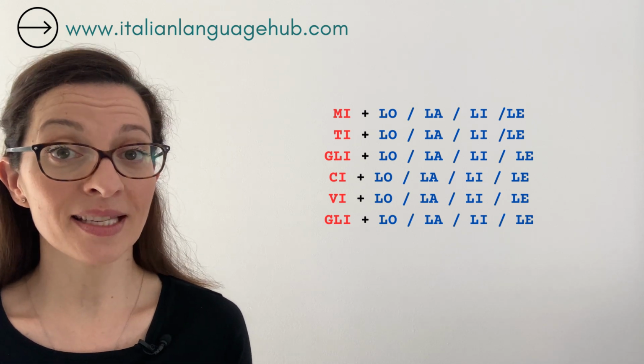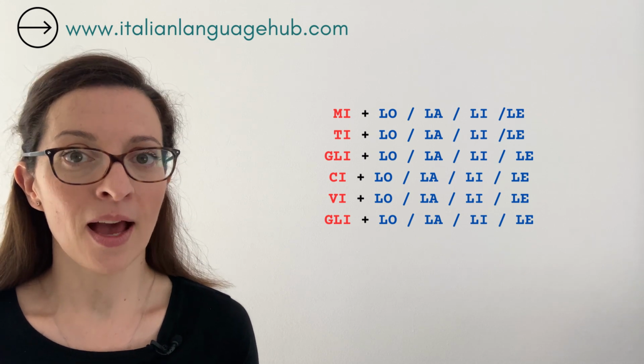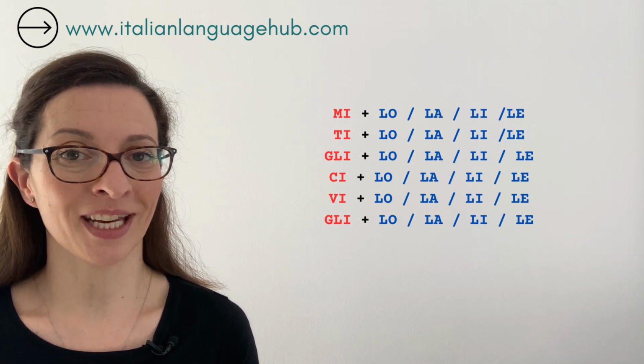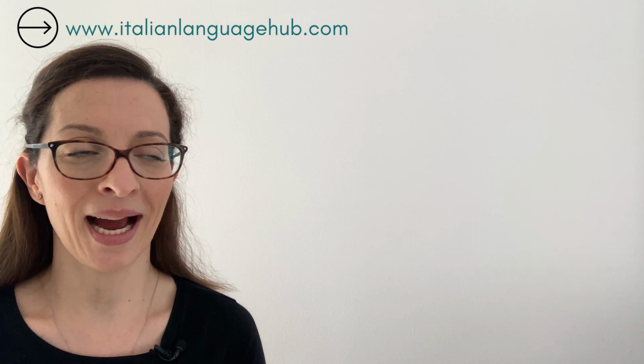Now, this is not the finalized version of these combined pronouns, because you are going to change a little letter. Let's take mi plus lo as an example, and then this is carried out on all of the other ones. Mi plus lo will actually become me lo. So you're eliminating the i and you're putting the e. Me lo. Same thing with the second person.